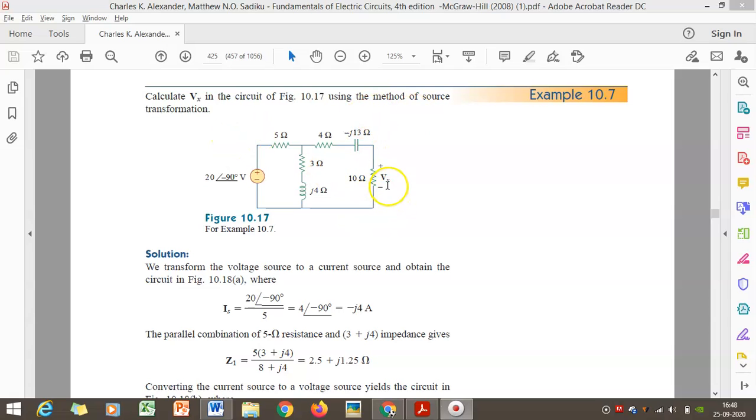We can calculate Vx using other techniques, but since the problem says to use source transformation, we are going to see that, and it is an easy method too.